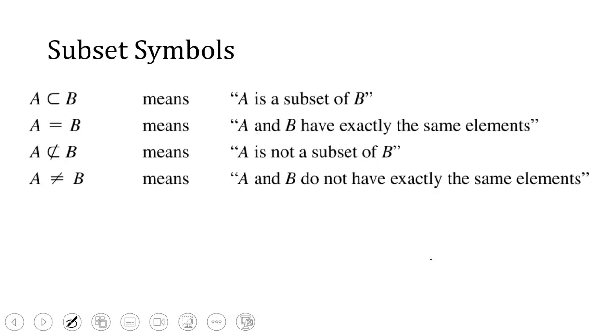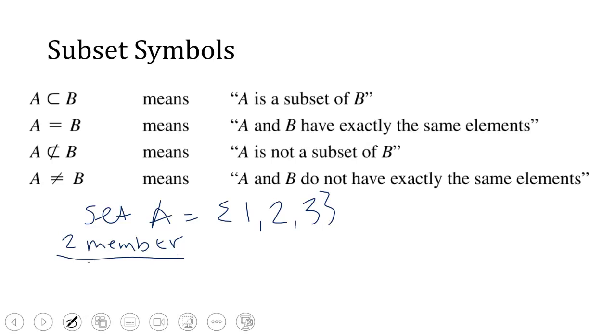So if we look at an example of that, let's name all the subsets. So if we have set A, and A includes 1, 2, 3. And the question is, name all the subsets. So I would look at a 2-member subset.